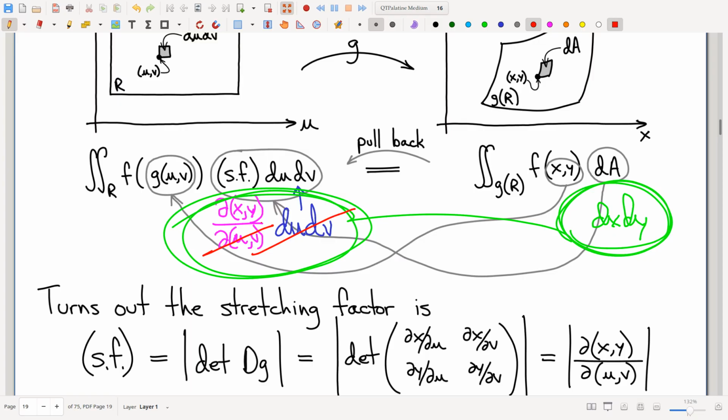Now, they don't. This isn't a fraction. That denominator is not a thing. This is nonsense. But isn't it satisfying that it's like the uv's canceled and you're left with the xy's, which is what we're supposed to have? It actually kind of sort of works, and the good news is it works every time. This is consistently convenient. It will consistently keep things straight for you. This is one of the big reasons that I like this notation.